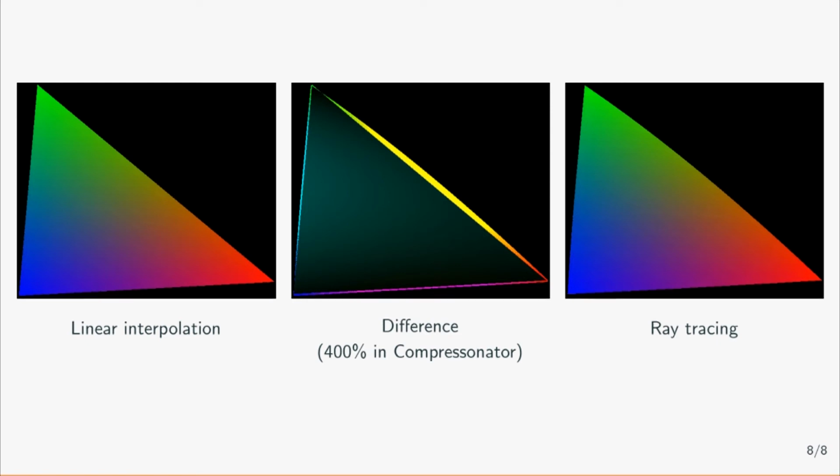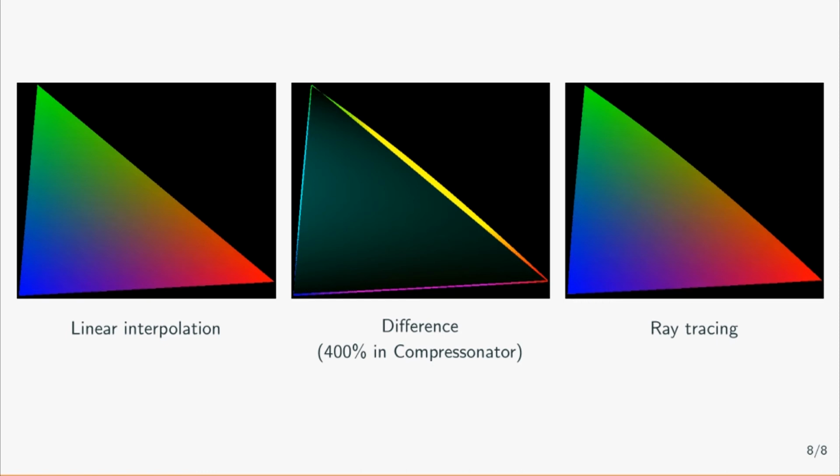There are 3 images on this slide. Each of them is a part of the optical module image. The left image is rendered with the help of the conventional OpenGL graphics pipeline, using linear interpolation to get the intermediate positions between the corners. The right image is rendered with the help of ray tracing. This image shows the correct projection from the world space to the space of the optical module.